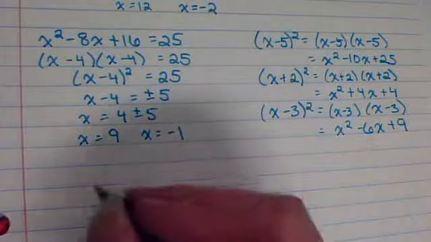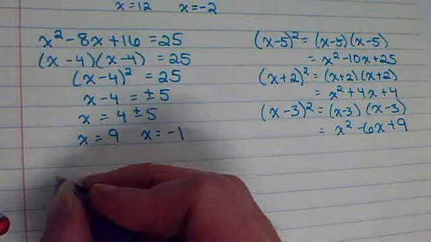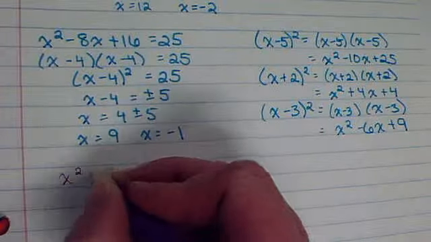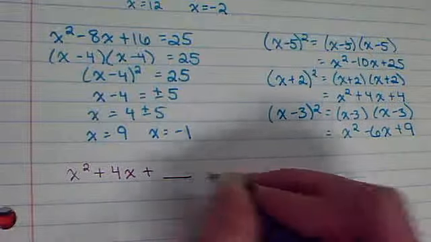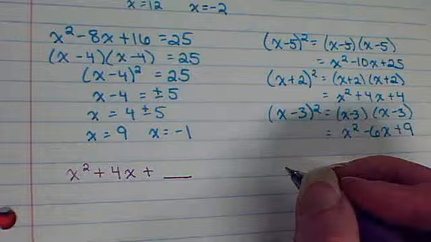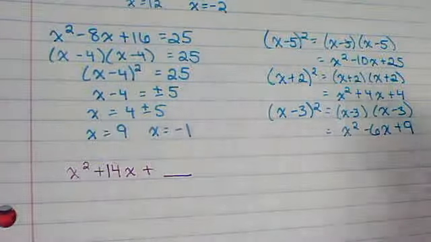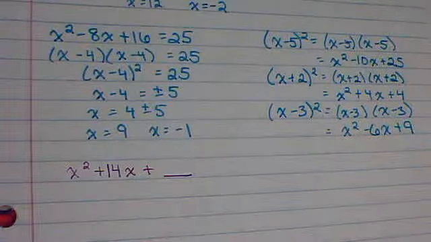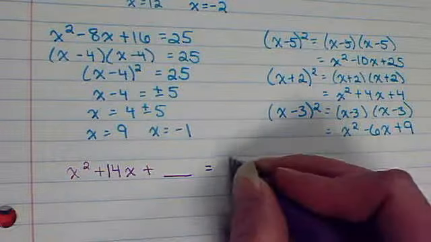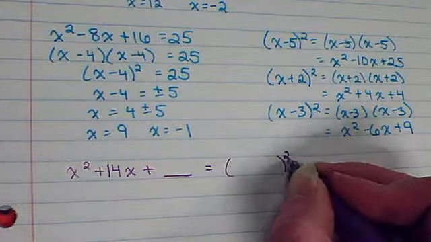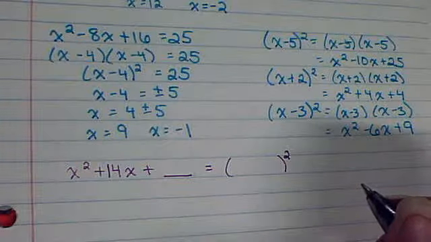So what would it take to make this be a perfect square? Well, we have to kind of think about what we're wanting it to be. Whoops, I didn't mean to do that one. I meant to do 14 there. X squared plus 14x plus something. We want to make that to be something squared, a binomial squared.